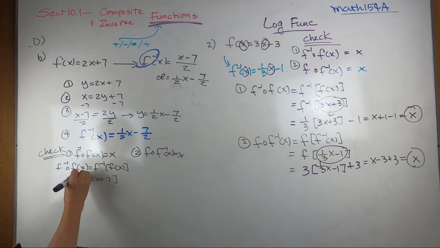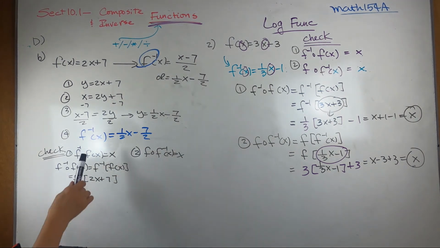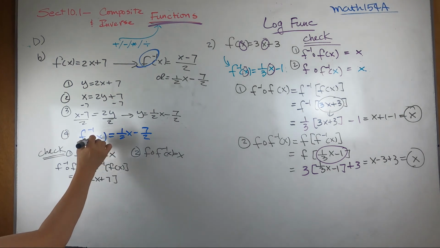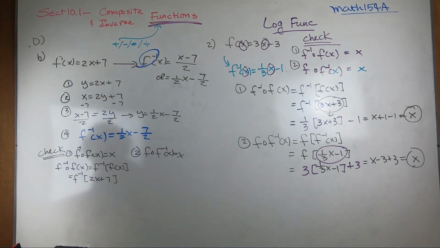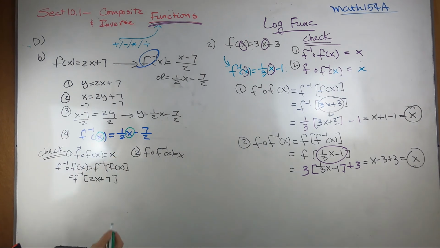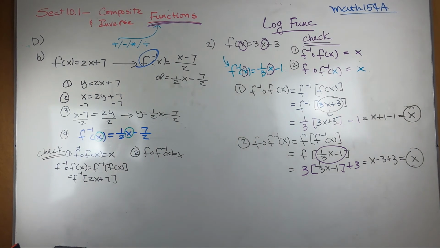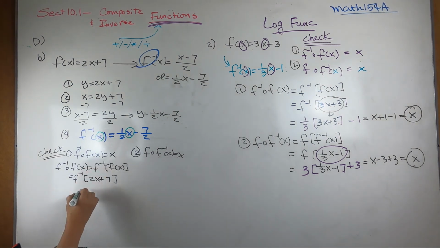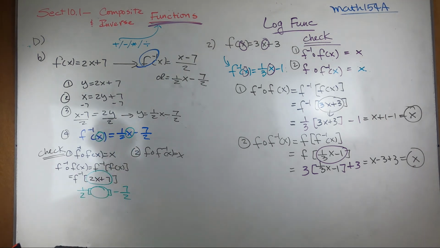Then you put it into F inverse. F inverse is saying, whatever you give to me, I will have it and minus 7 halves, according to this.